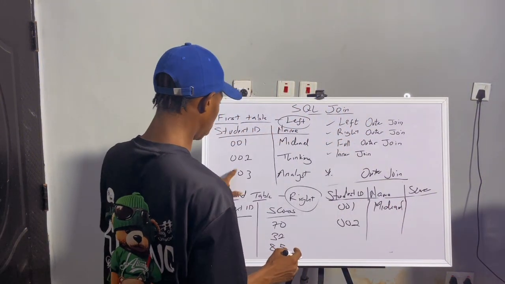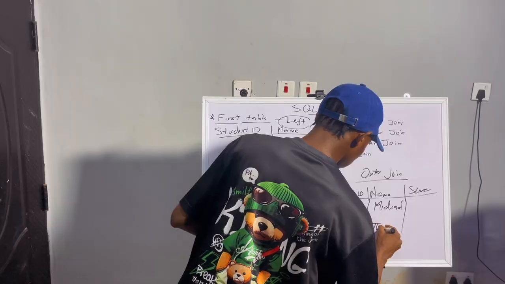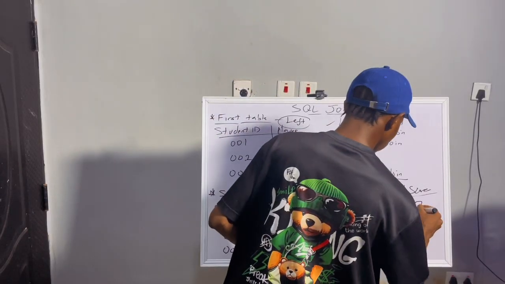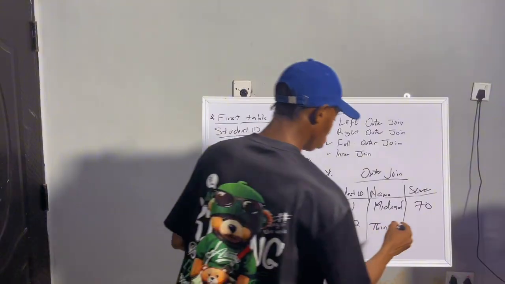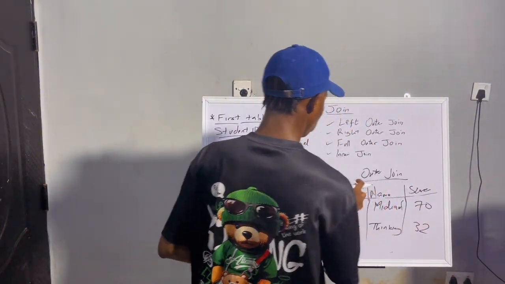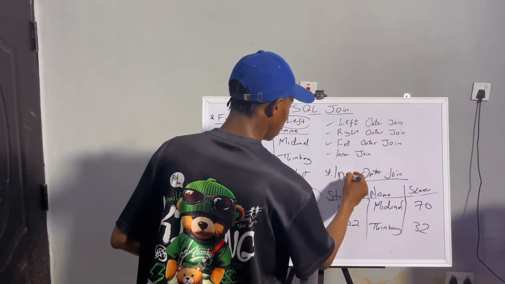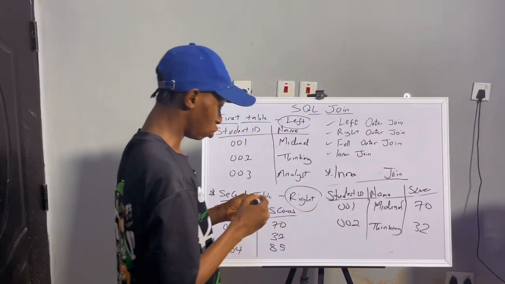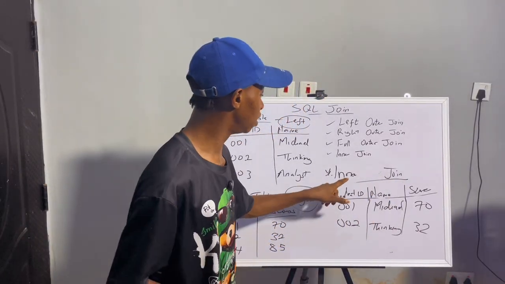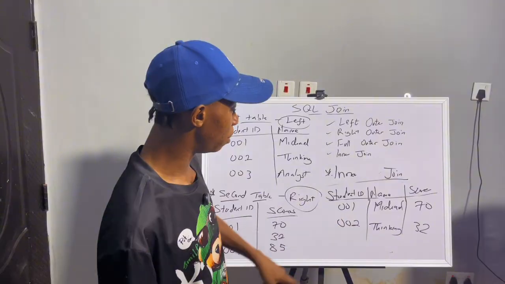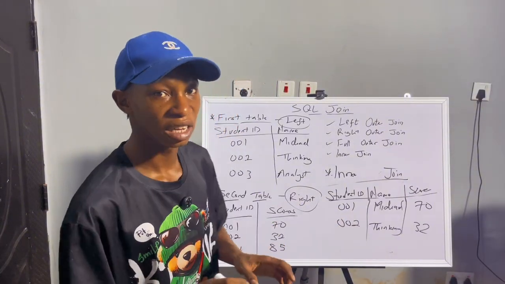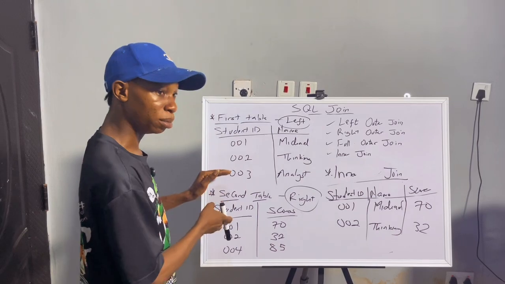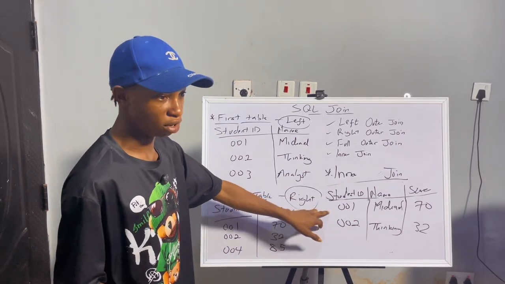What is the name for 002? What is the score? 70. What is the score for 002? 32. So this is going to be our result for inner join. If you are combining the tables using inner join, that means you only want the rows that appear in both tables. That's what inner join is all about.